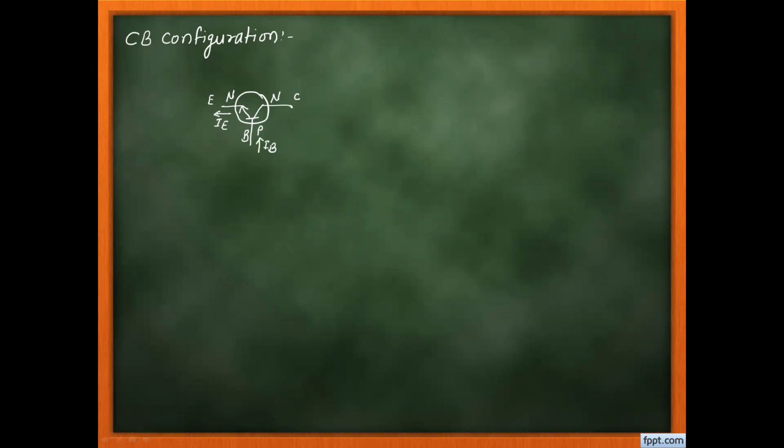And the collector current is also an incoming current. Now we have to see how the common base configuration is used. For that, I have to connect the emitter to base junction in forward bias and the collector to base junction in reverse bias.